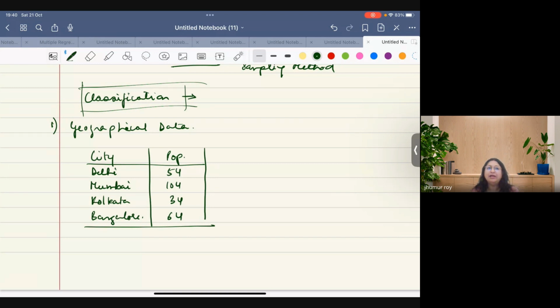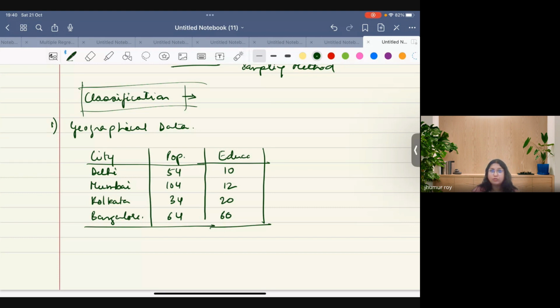For example, you want to find out the education and the population, whether there is a relation city wise. Okay, so here I have got a table where according to city I've written population, and out of the population I say there are 10 people who are educated, there are 12 people who are educated, there are 20 people who are educated, and there are probably 60 people who are educated.